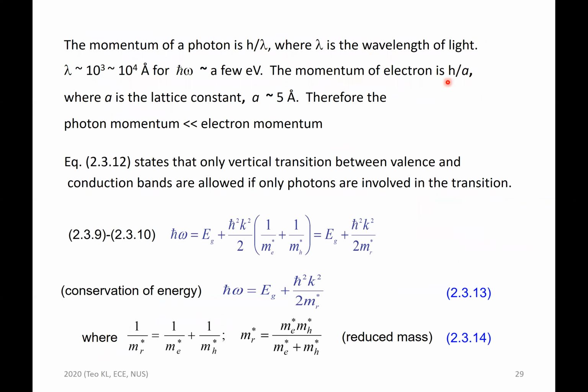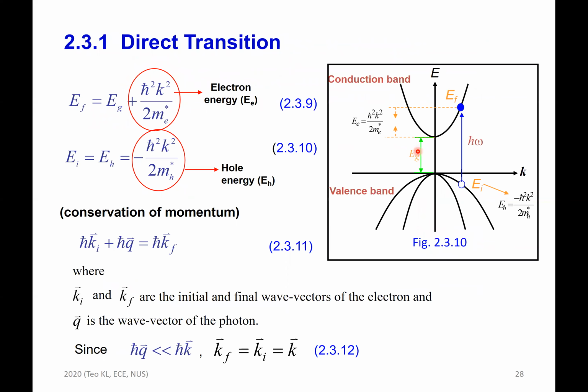So if you look at this diagram, you're coming in with photon energy not much larger than the band gap. So you expect to be able to excite the electron from near the top of the valence band to near the bottom of the conduction band. We are supposed to calculate this electron energy and this hole energy.